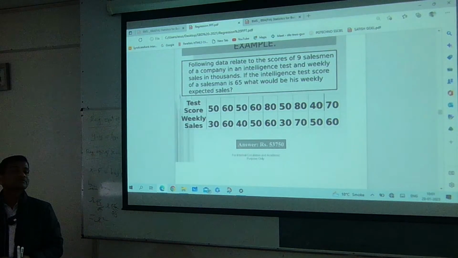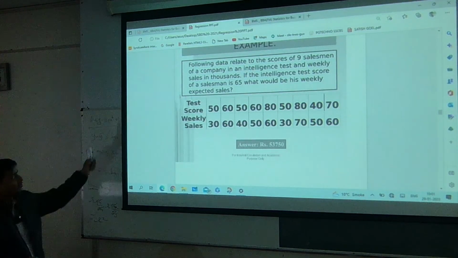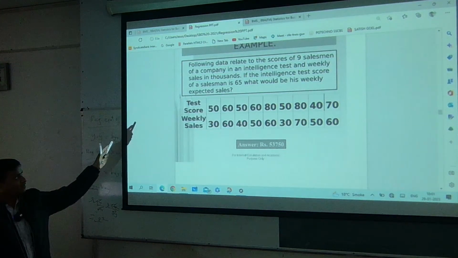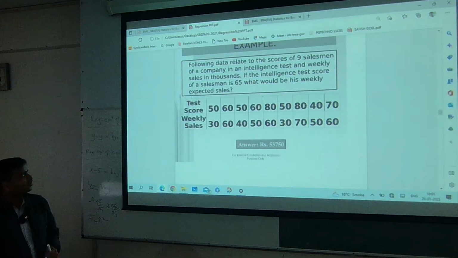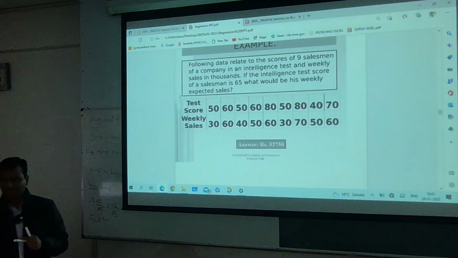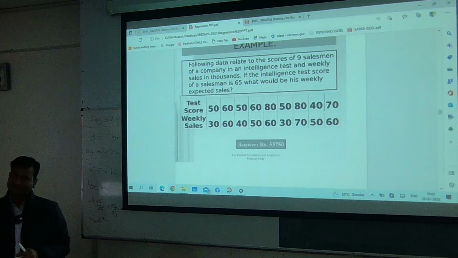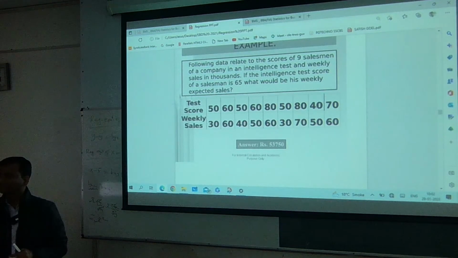Why? Because what we need to expect, look, what is given there: if the intelligence test score of a salesman is 65, find the weekly expected sale.